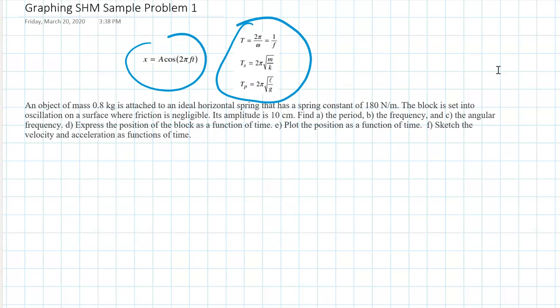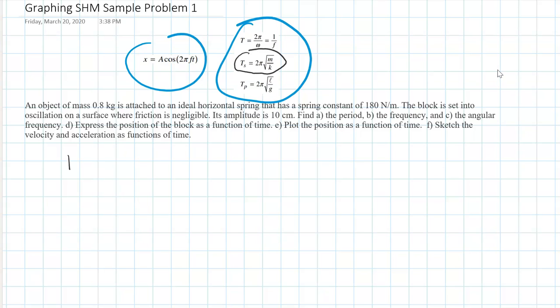as functions of time. So the first thing we want to do is find the period, and the period for a mass on a spring is this one right here. So it's T sub S for spring equals 2 pi times the square root of m over k, where m is the mass and k is the spring constant.